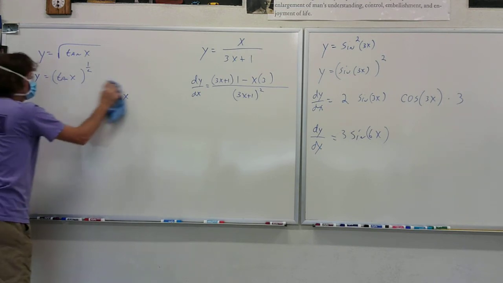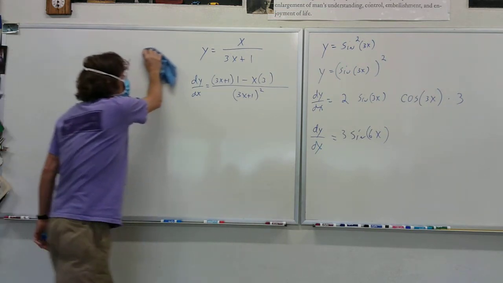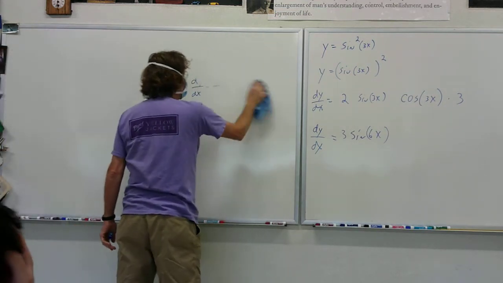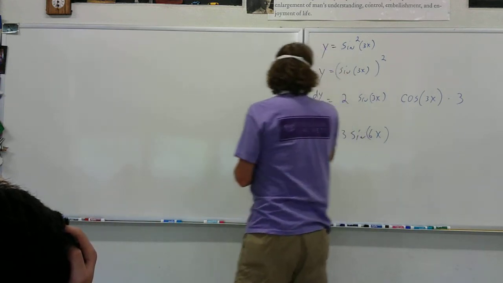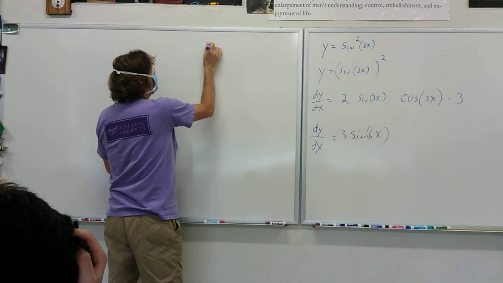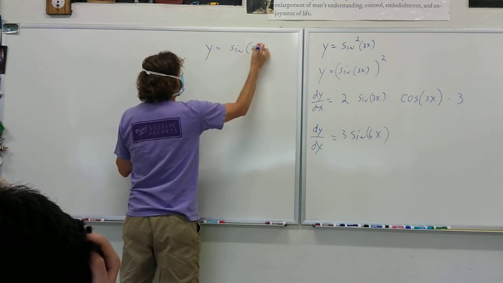All right. Now, go ahead and talk about the hard algebra problem. Oh, and okay, you see that problem? I've got to write this. Sine y equals sine 3x squared.